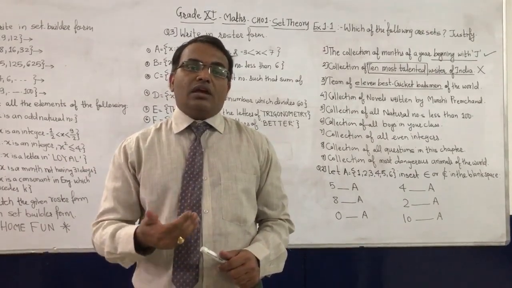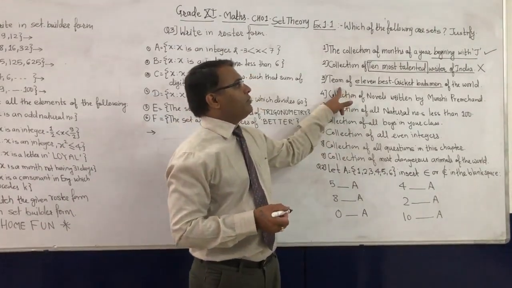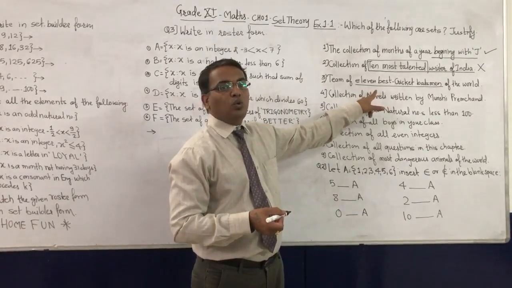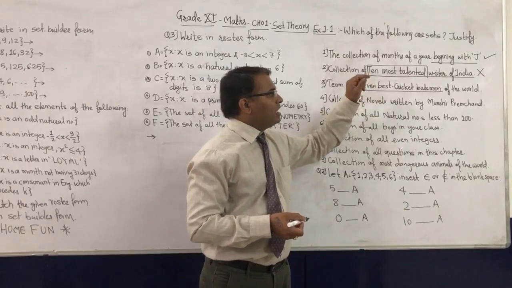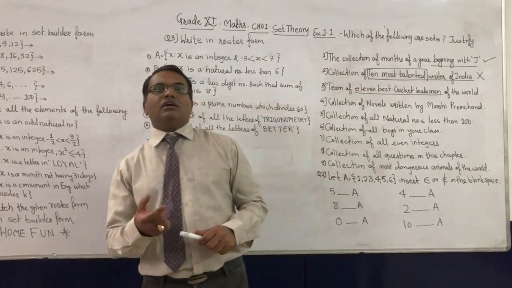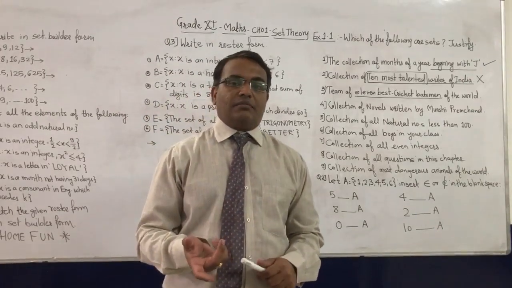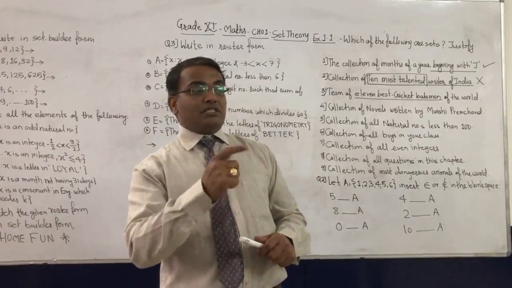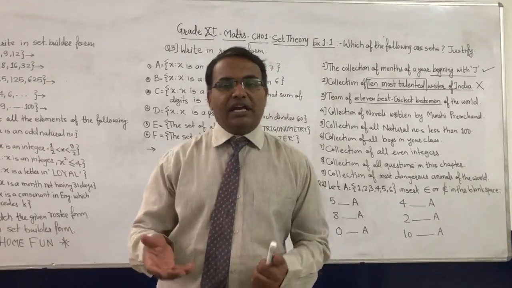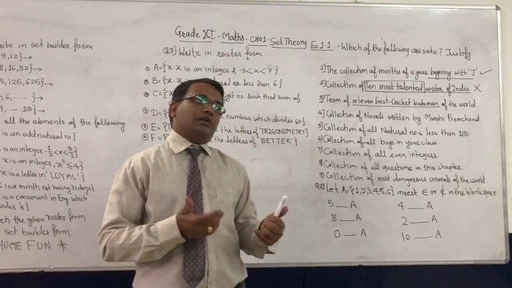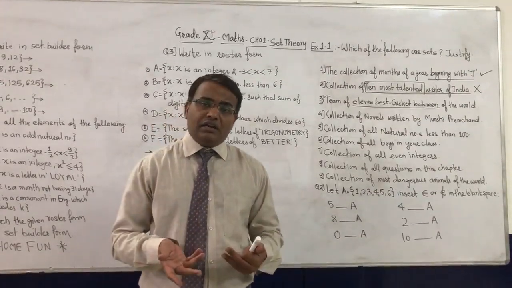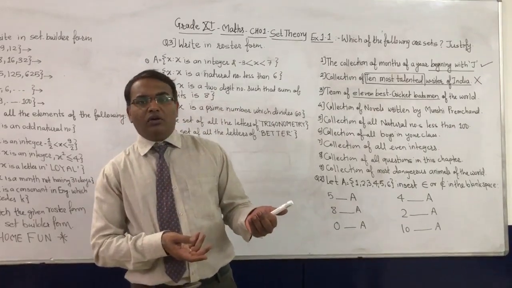Now the next: team of 11 best cricket batsmen of the world. Here 11 best cricket batsmen is again a kind of controversy, because there are different forms of cricket now. I like T20, somebody might like Test cricket, somebody one day cricket, somebody IPL and so on, right?